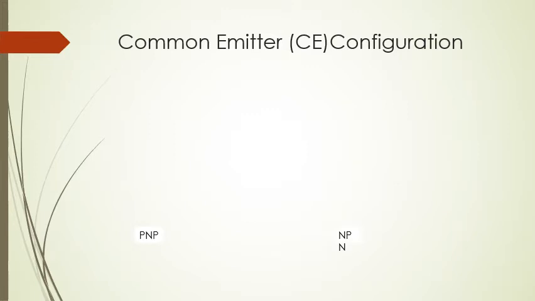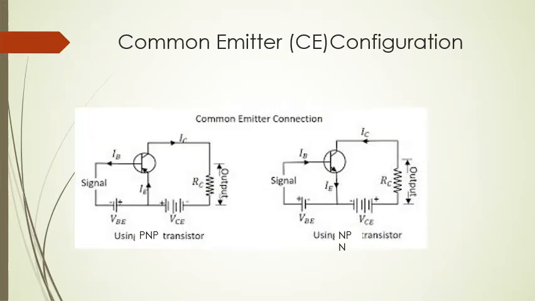Now in case of common emitter configuration, as you can see in the diagrams, emitter is made common, so the output terminal is the collector terminal and the input is the base terminal. Again, the same in the case of PNP as well as NPN transistor. The current gain in CE configuration is denoted by beta, and it is the ratio of output current IC, the collector current, upon input current IB, the base current.